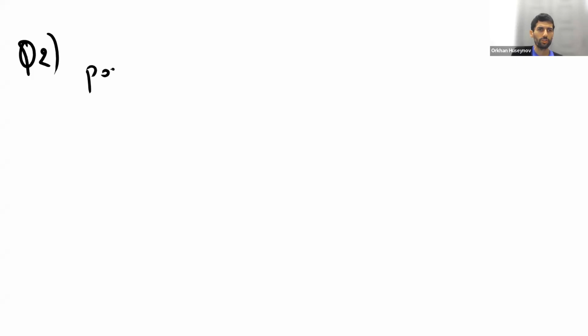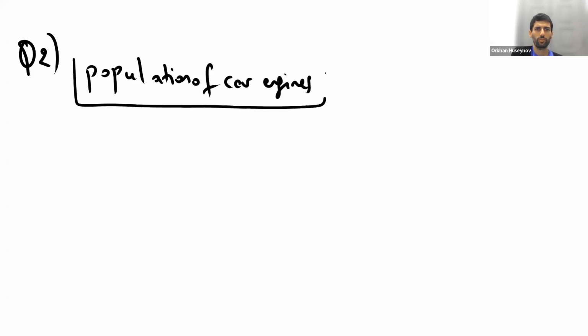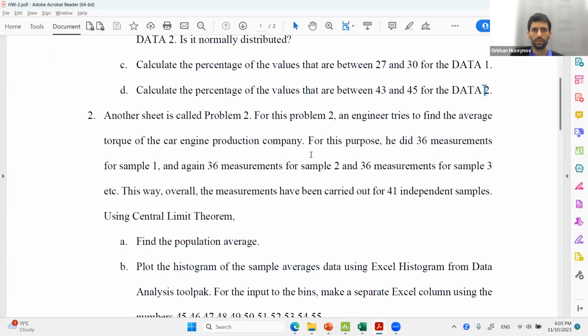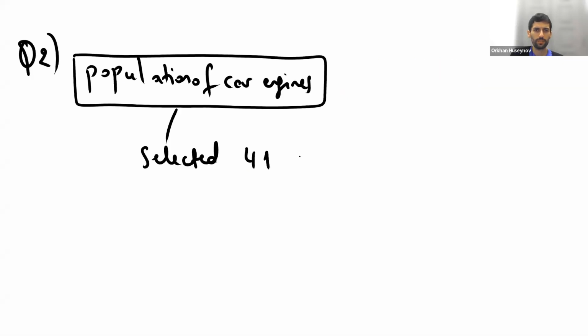So we have a population of car engines. And then from this population of car engines, we selected, how many samples was it? Then we had 41 samples. Okay.